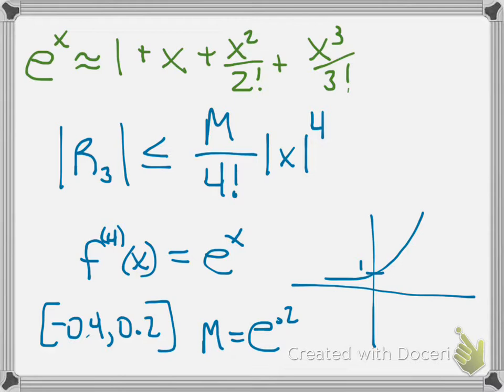Now, e to the 0.2 is just slightly to the right of 0. If 0.2 is right here, then we know that we're going to have something bigger than 1, because e to the 0 is 1. If I plug in 1 for my input, then I get e, which is 2.7. So it's got to be somewhere between 1 and 2.7. 2 would probably work. I don't know, though.